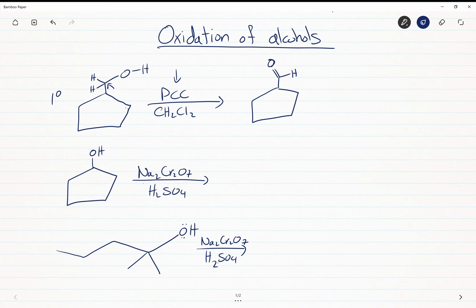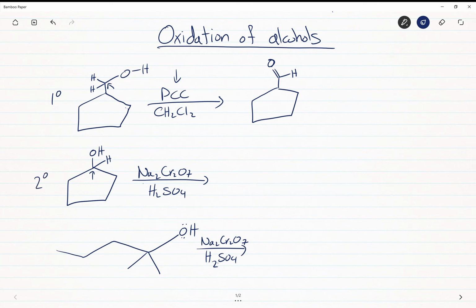In the second of the reactions I'm presenting, here again we want to identify what type of alcohol we are working with. So we must look at the carbon that has the OH attached, and here we can see that there is another hydrogen attached. If there is only one hydrogen attached at that carbon, it's called a secondary carbon.